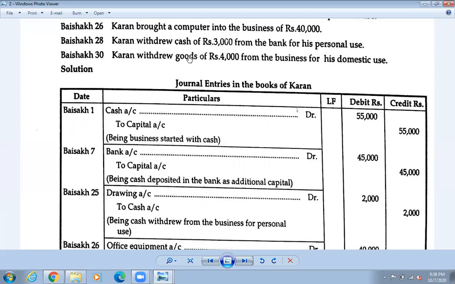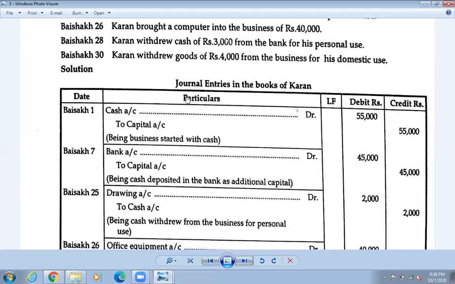That is also the drawing, but not in the form of cash, in the form of materials. You took the goods yourself. Do you have to pay for it? You do not need to pay, because you are the owner of your own business, but you must write it in the record. If it is for your own use, that is called drawing account.